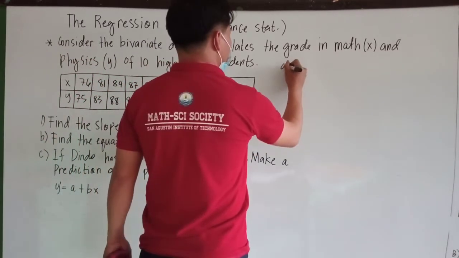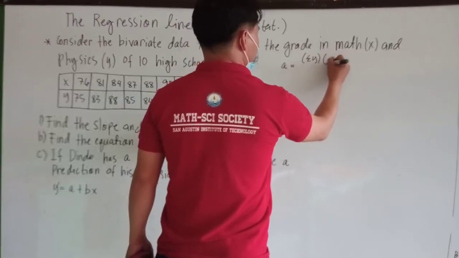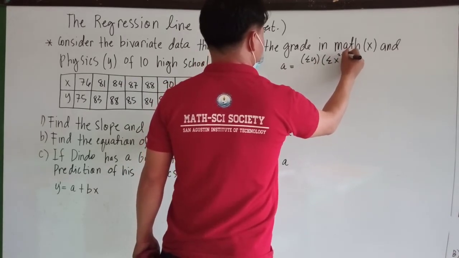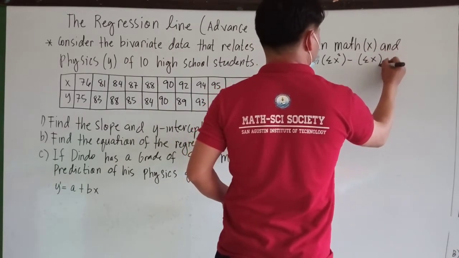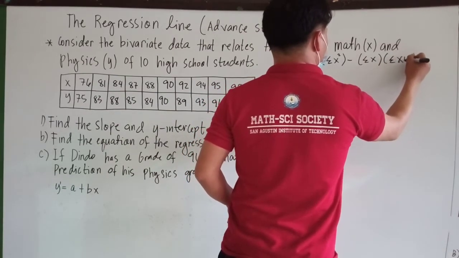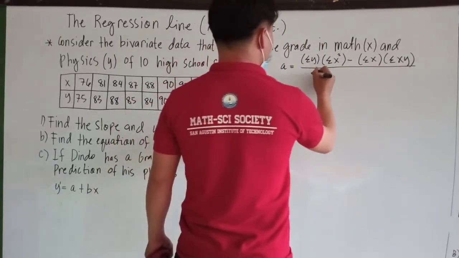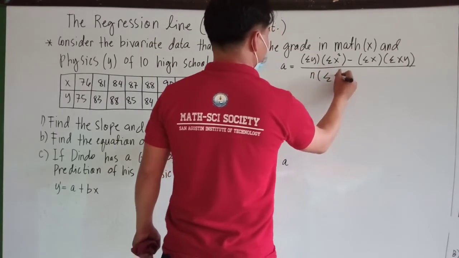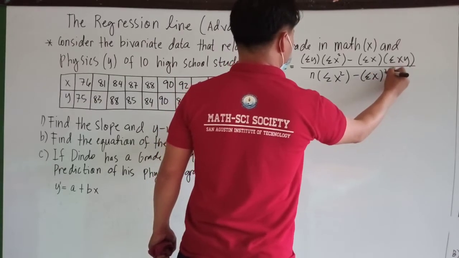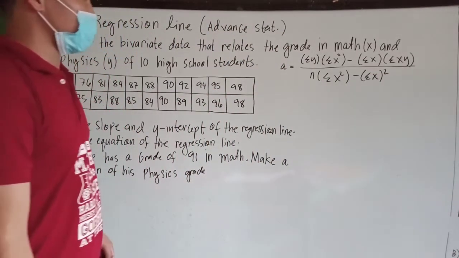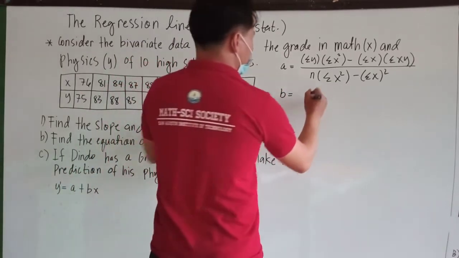So a has a formula of the quantity of summation of y times the quantity of summation of x squared, minus the quantity of summation of x times the quantity of summation of xy, all over n times summation of x squared minus summation of x to the power of 2.